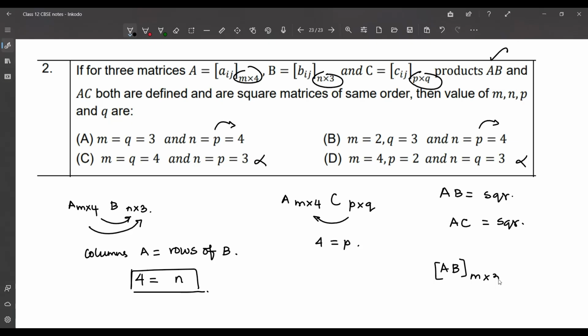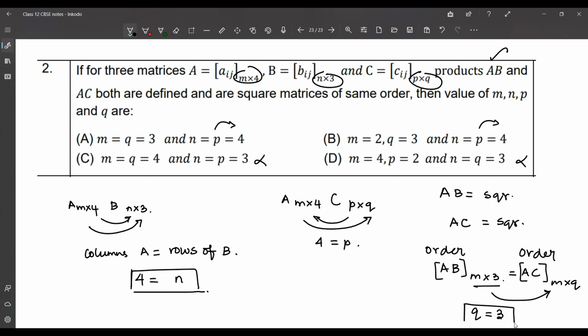Here it is said that the order of AB is the same as the order of AC. So AC has an order of m cross q. So from this we can narrow down that q is equal to 3.